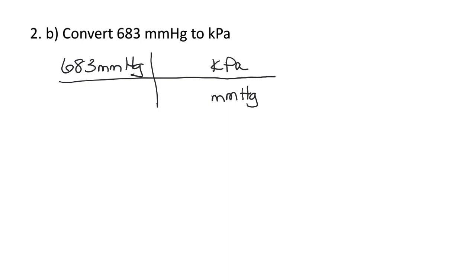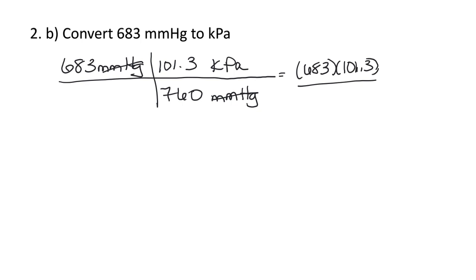So this time we're going to do 683 times 101.3 divided by 760. And when we do that, we get 91.0 kPa.